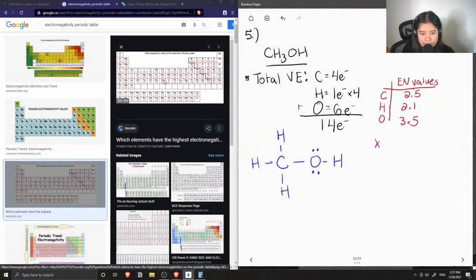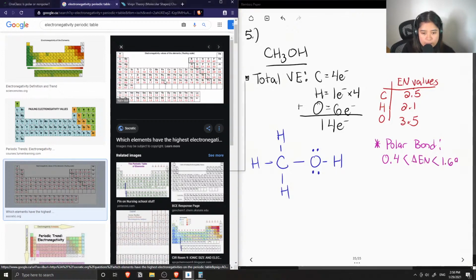So I'll just write here that we have a polar bond when the electronegativity difference is greater than 0.4 but less than 1.69.